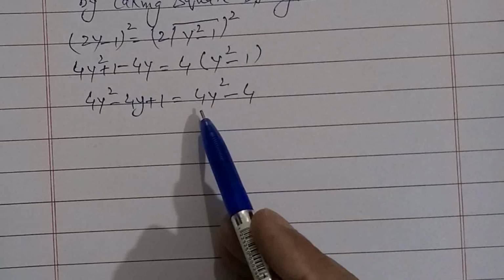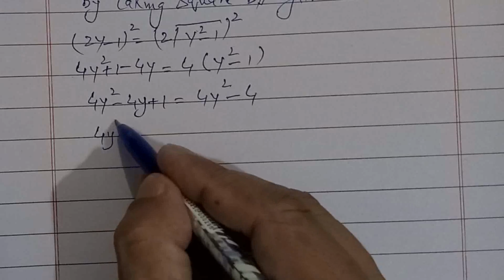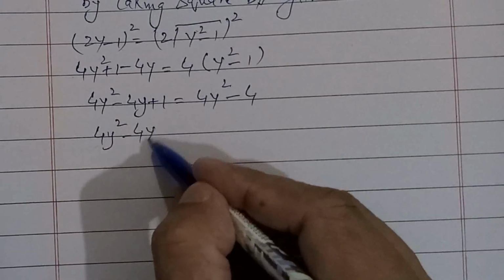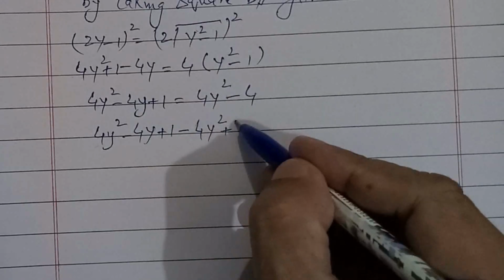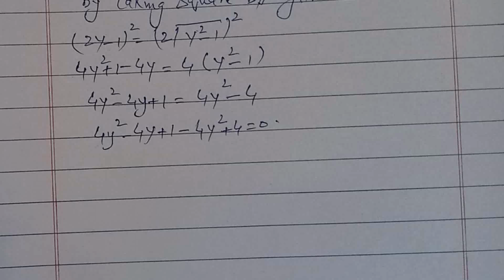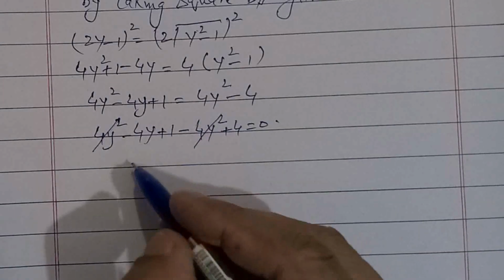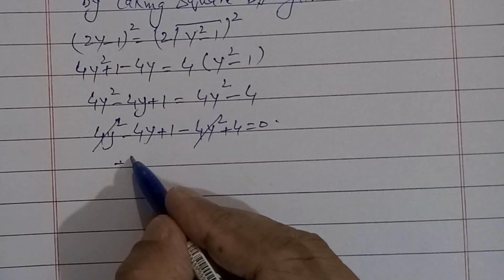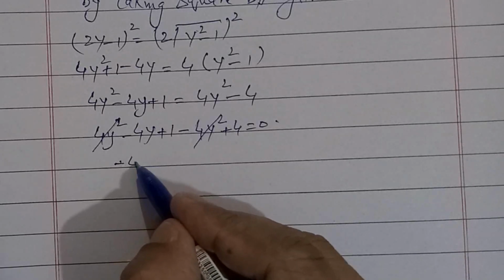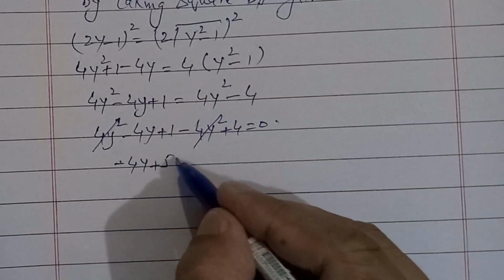Now we shift the right side values to the left side. We get 4y² − 4y + 1 − 4y² + 4 = 0. Now 4y² cancels with −4y². We get −4y + 1 + 4, which is +5, equal to 0.